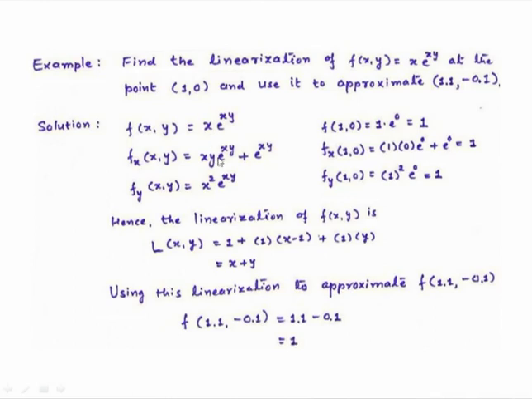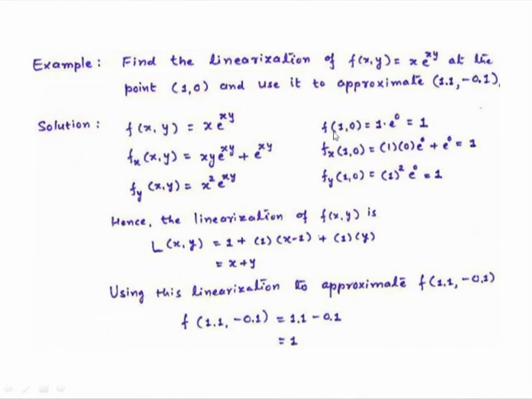So x is as it is, and the partial derivative of e raised to xy is e raised to xy times y, and the partial derivative of x is 1 and e raised to xy is as it is.